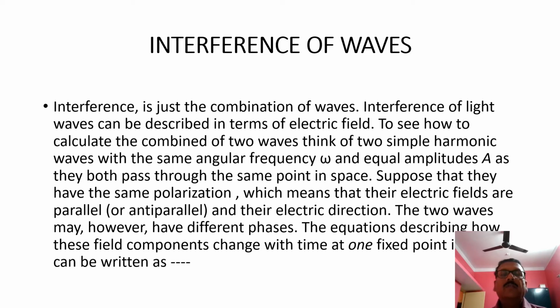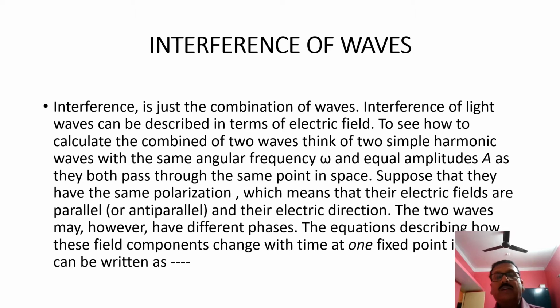In interference, think of two simple harmonic waves with the same angular frequency omega and equal amplitude A, as they both pass through the same point in space. The two waves may, however, have different phase.